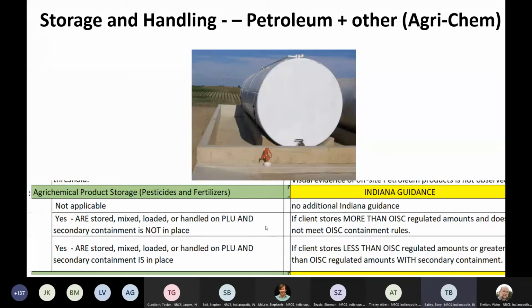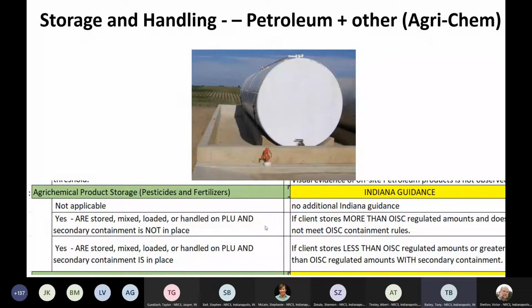Another piece, depending on how much the operation does their own pesticide applications, fertilizer applications: are those agrochemicals mixed or loaded and handled, and is there secondary containment in place? National did not distinguish the amounts of the agrochemical products, but we defaulted to the Indiana rules and regulations related to the state chemist's office.